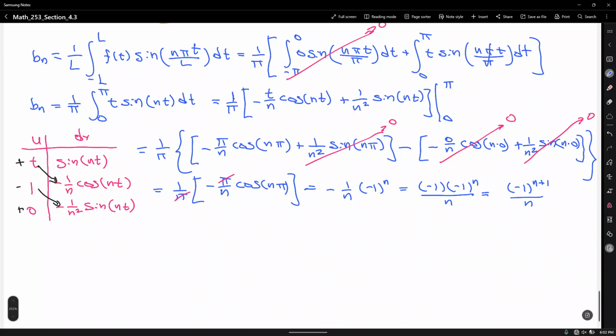We're almost done. Now let's write the Fourier series.